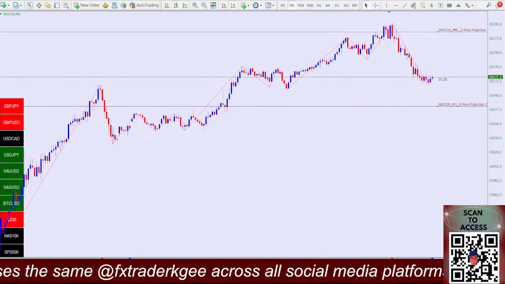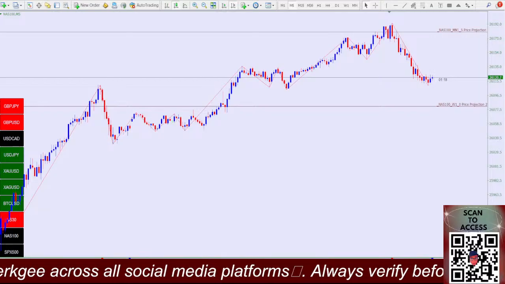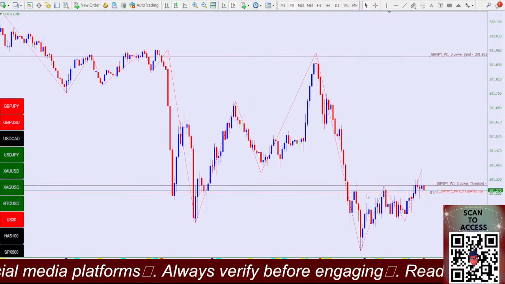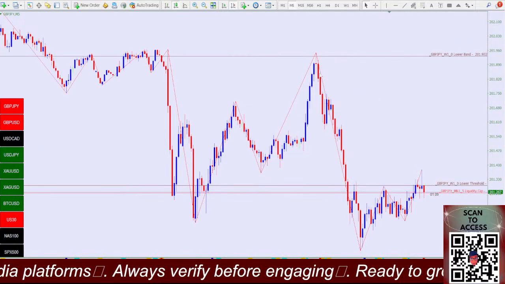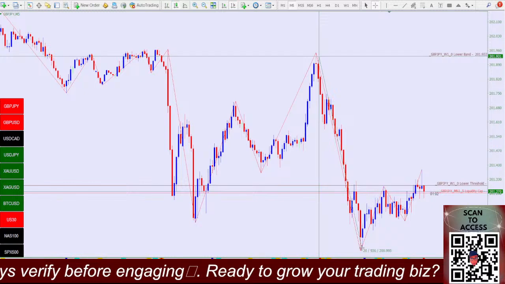That is what my indicator helps me to identify: those high reaction areas where price is likely to make decisions. Now, earlier today I showed GBPJPY. What you're seeing on the screen is actually the fall.